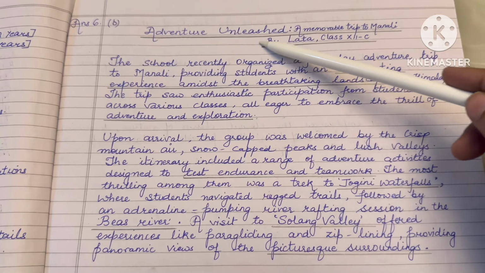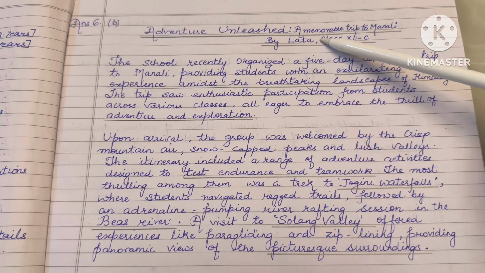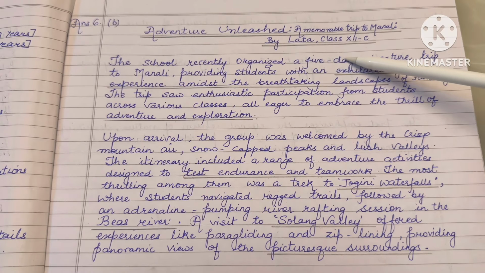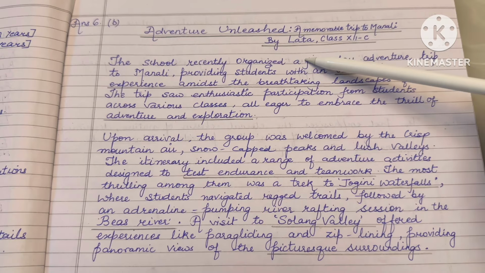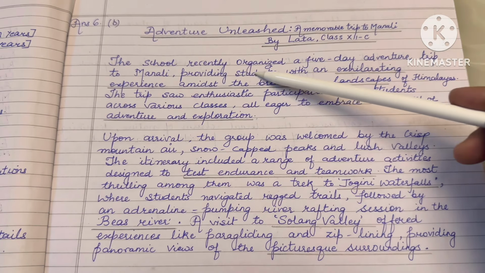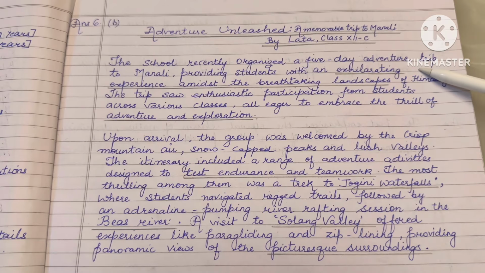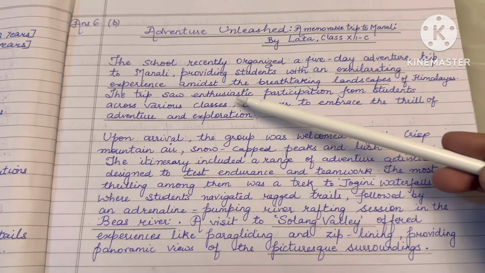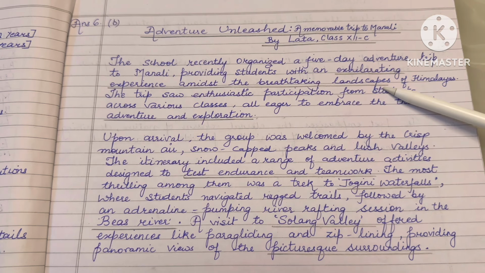See the heading. This is the format of the report writing, the heading and byline. By whosoever is writing, Lata, class 12C. Because it's a school magazine report, you have to mention the class and the section as well. The school recently organized a 5-day adventure trip to Manali, providing students with an exhilarating experience amidst the breathtaking landscape.